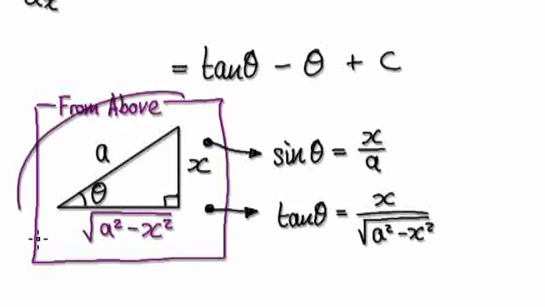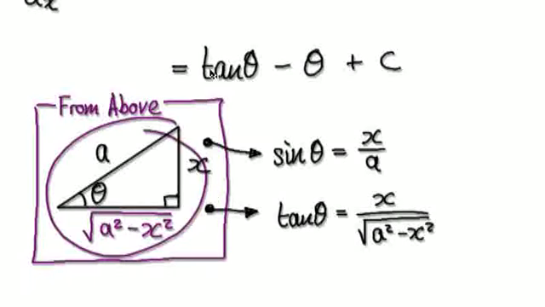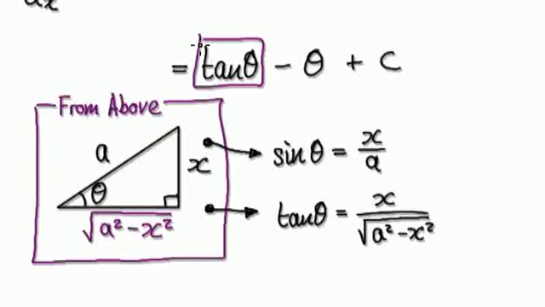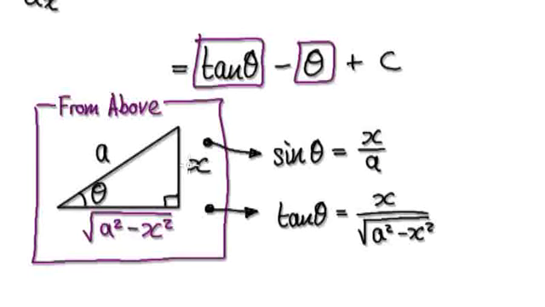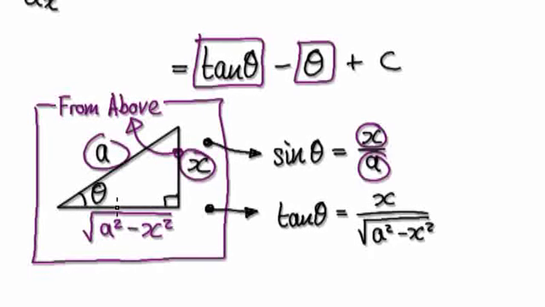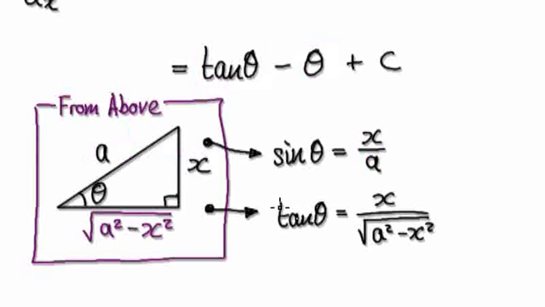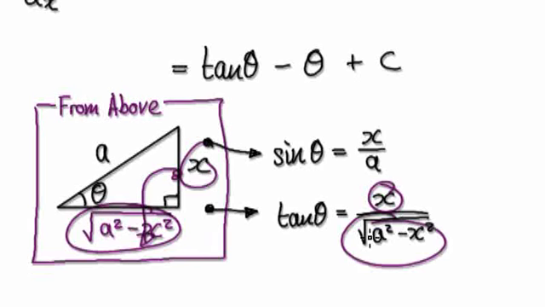So now go back to your diagram from above. Look at your diagram, and then try and find a way of translating this and this. You see, from the diagram we can obtain this, and this was our diagram from above. So from the diagram, sine would be x over a, and then tan would be opposite over adjacent.